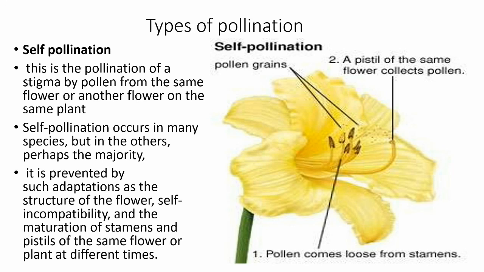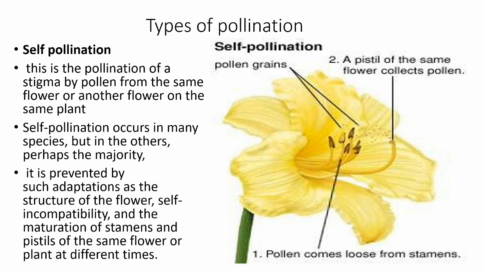Self-pollination is defined as a type of pollination of a stigma by the pollen from the same flower or another flower of the same plant. When the stigma is pollinated by pollen grains of the same plant or the same flower, we refer to it as self-pollination.